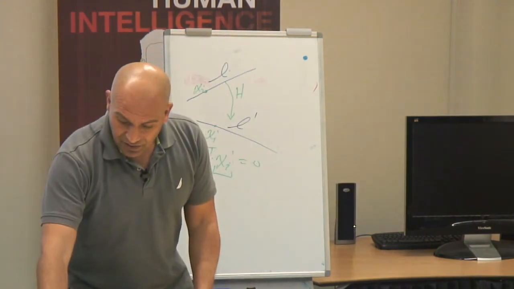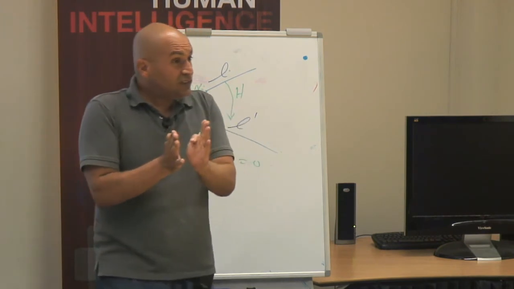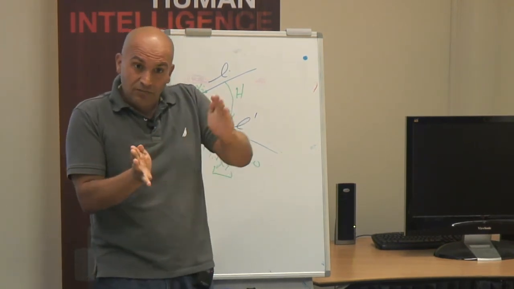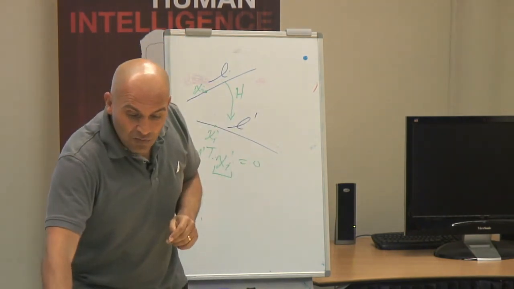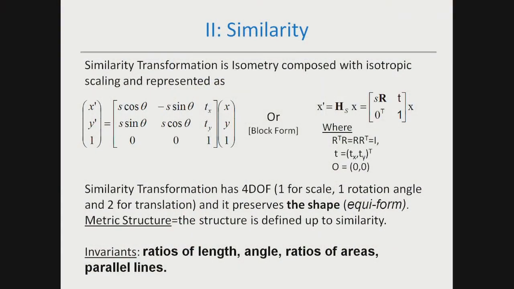Now, this is the most concentrated class. Let us go a little bit outward, where we allow more degrees of freedom, which we call similarity. Similarity is practically an isotropic transformation, which means scaling, and again translation and rotation.